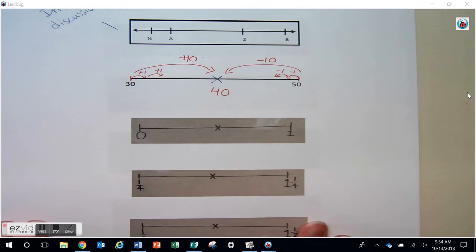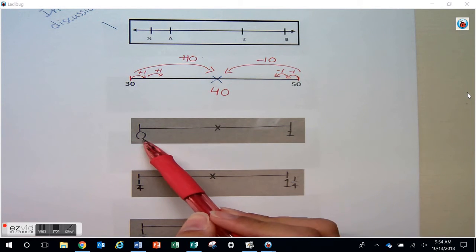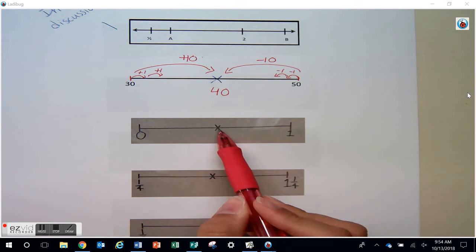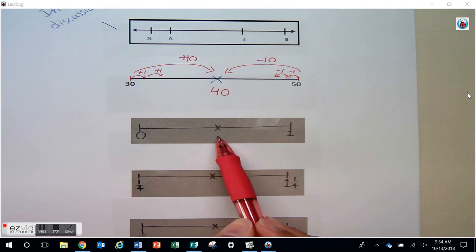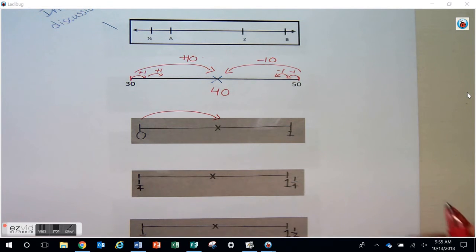Let's look at this example here. We have 0, we have a middle point, a midpoint, and 1. What is this midpoint? Well, a lot of us already know how to get there, but let's just try it out. Let's say I take my 0 and I add 1/2.